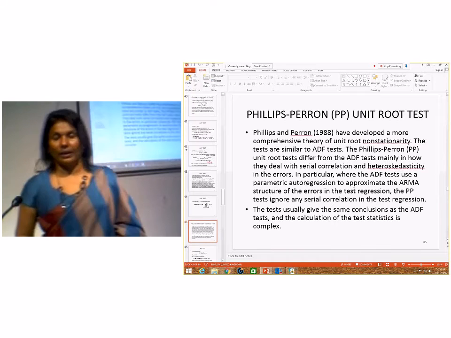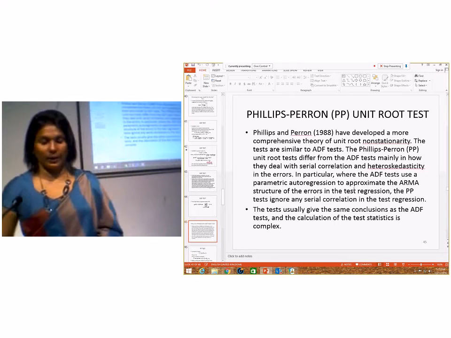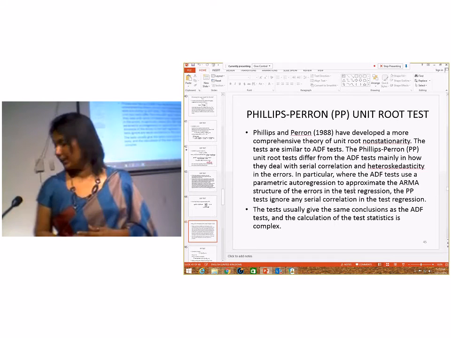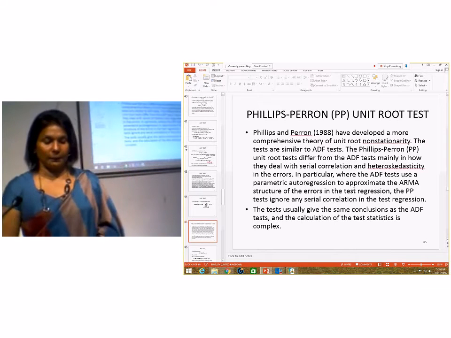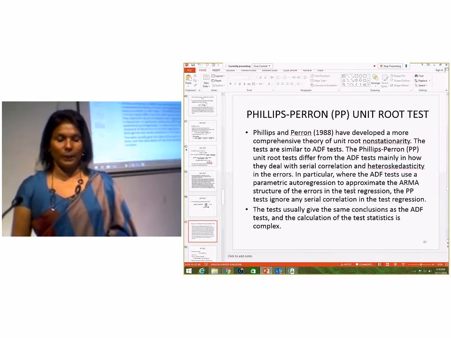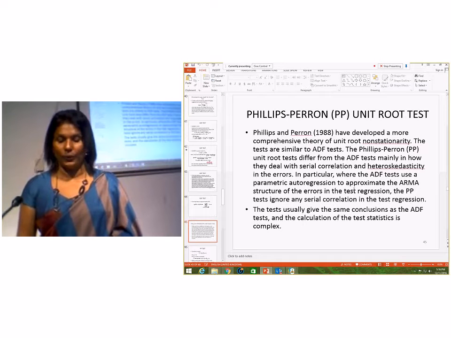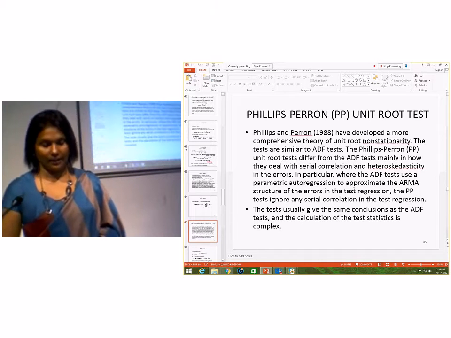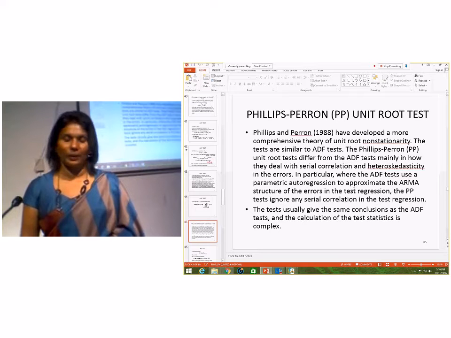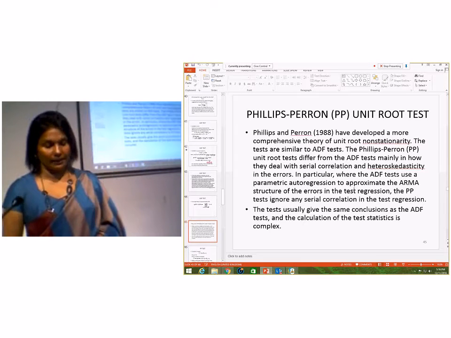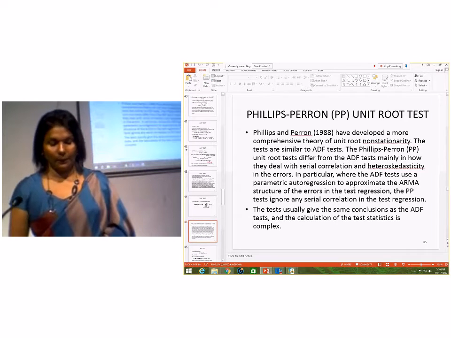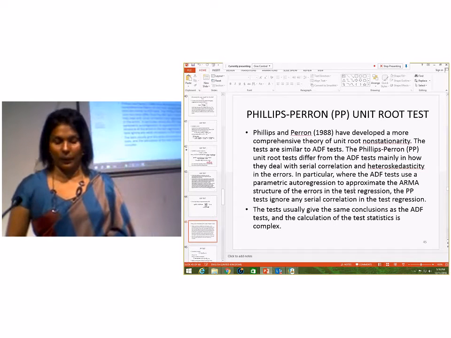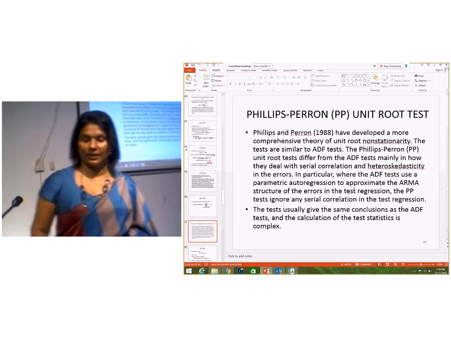Based on the shortcomings of the augmented Dickey-Fuller test, Phillips and Perron developed a more comprehensive theory of unit root non-stationarity. The tests are similar, but the Phillips-Perron test differs mainly in how it deals with serial correlation and heteroscedasticity in the errors.